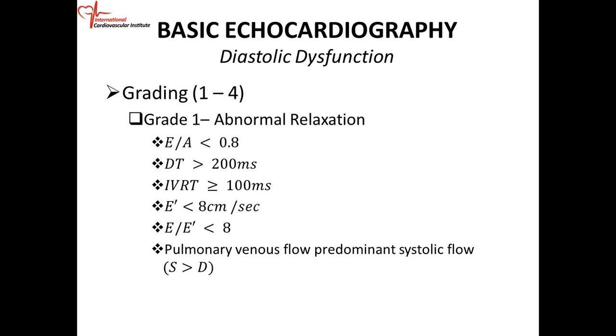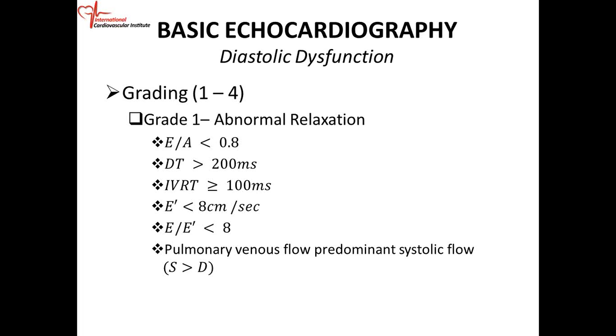We discussed that at the beginning of the lecture. So normal E is greater than the A. Deceleration time is usually less than 250 milliseconds. And the IVRT is between 60 and 90 milliseconds.